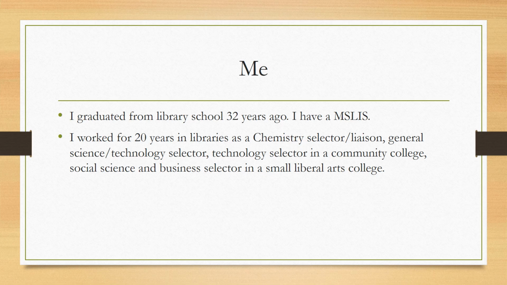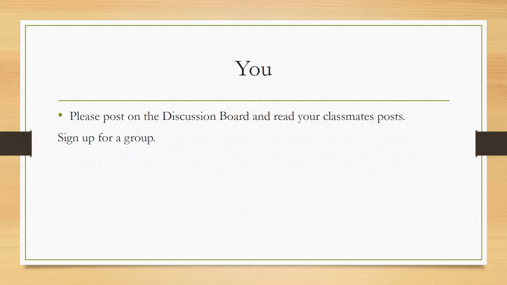I worked in general science and technology areas, especially in the community college, where I was a technology specialist, and I also did social science and business topics in a small liberal arts college. So please post on the discussion board, read your classmates' posts, and sign up for a group. That's how you're going to get to know each other.